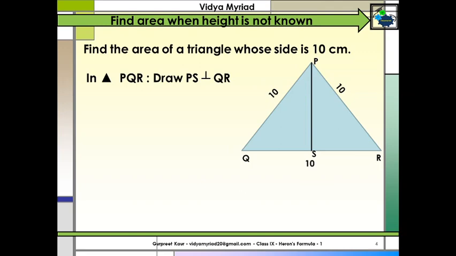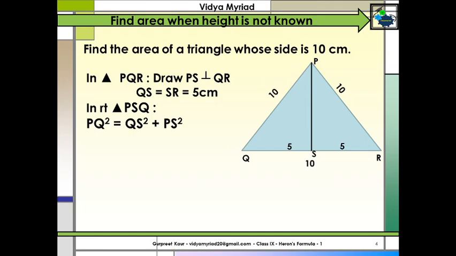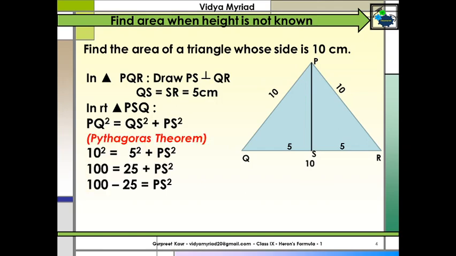Because I know the sides are 10 centimeters, QS and SR are equal, so that becomes 5 centimeters. Now in right triangle PSQ, just focus on one triangle. You have the hypotenuse, you have the base, but you don't have the height. To find the height, I will use the Pythagoras theorem and try to find out what PS is.